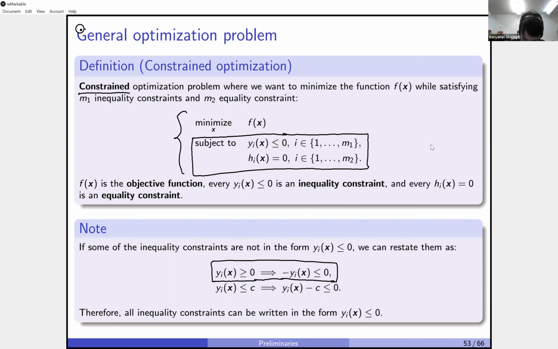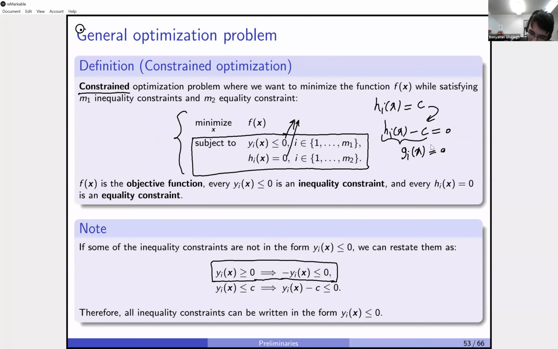Great. You might also be wondering why I have put 0 always here. What if there is a constant on the right-hand side of this inequality or this equality? Then it's easy. We can bring this constant to the left-hand side and consider this as a new function, so it will be g_i(x) <= 0. The naming of the function doesn't matter for us, right?